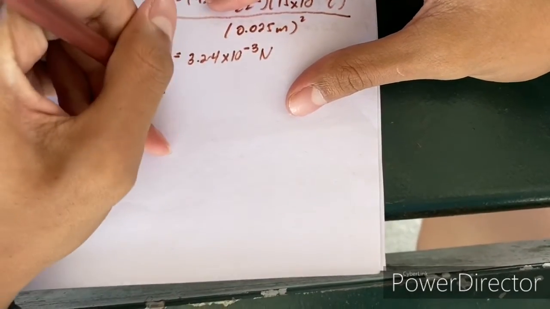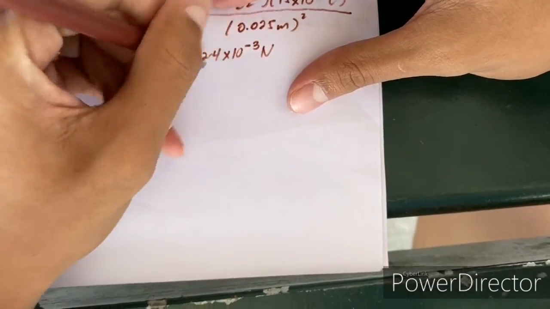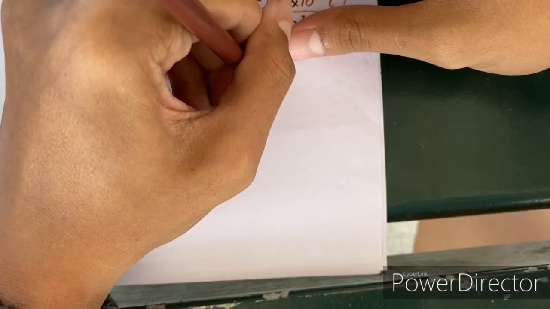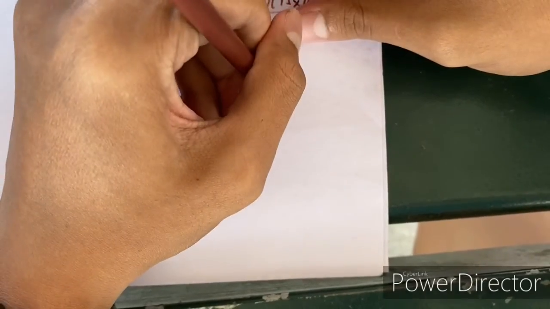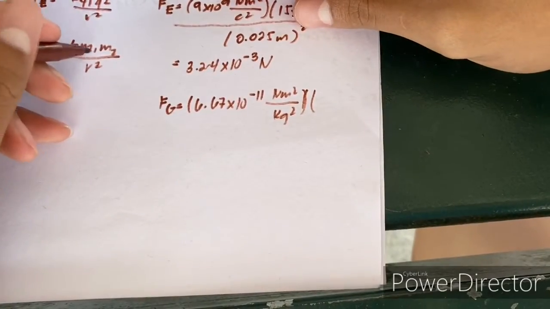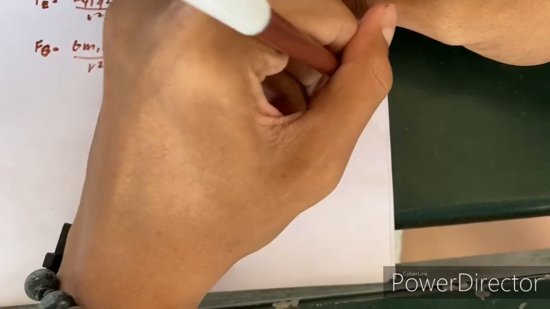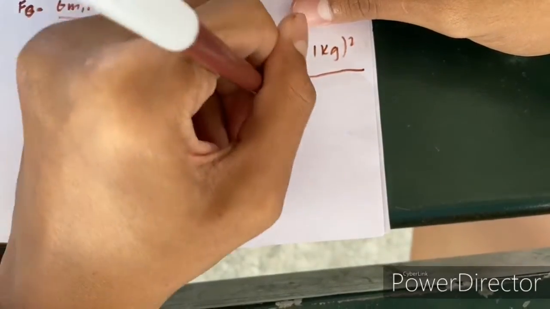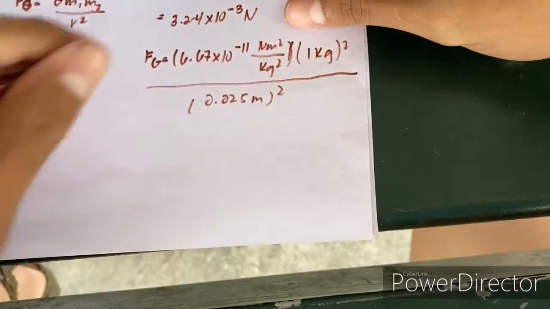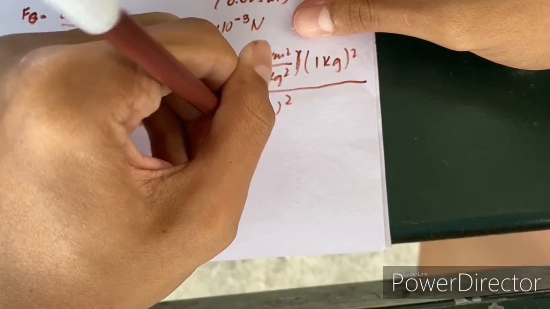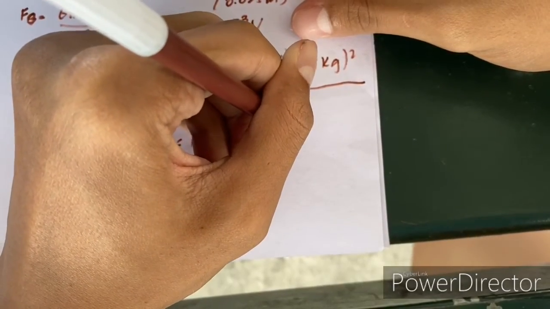Next, gravitational: 6.67 times 10 raised to negative 11 newton meter squared over kilogram squared. Then M1 and M2, the two masses, 1 kilogram squared over 0.025 meter squared, equals 1.0672 times 10 raised to negative 7 newton.